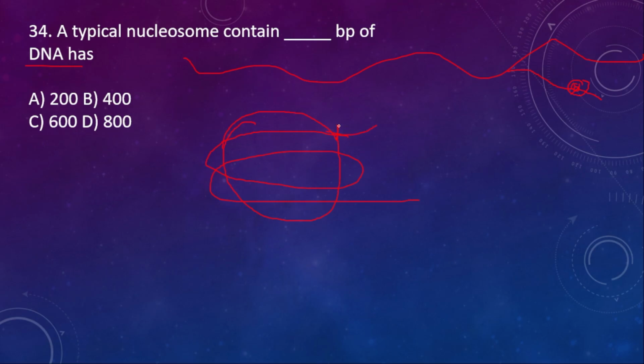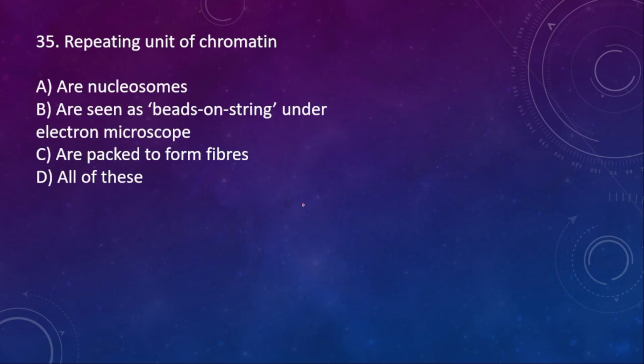From this to this, whatever DNA is packaged, if I take the length, how many base pairs does it have, he is asking. It is having 200 base pairs. And this is the nucleosome. The nucleosome core is made up of histones, you people already know, and that histone is wrapped by the DNA.